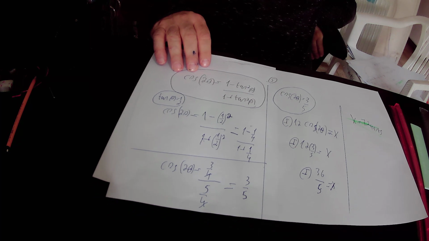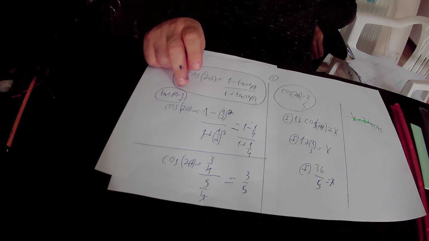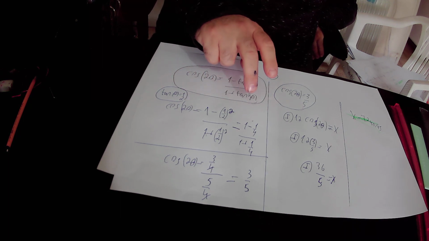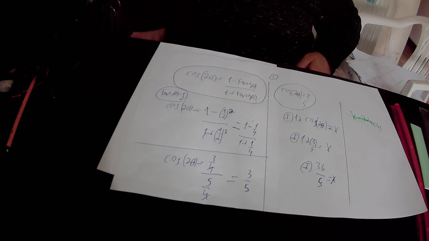So in conclusion, we found out that cosine 2 theta equals 1 minus 1 quarter over 1 plus 1 quarter. 1 minus 1 quarter is 3 quarters, and 1 plus 1 quarter is 5 quarters.